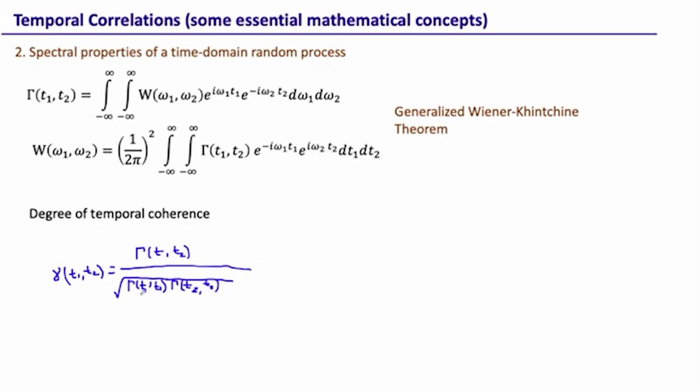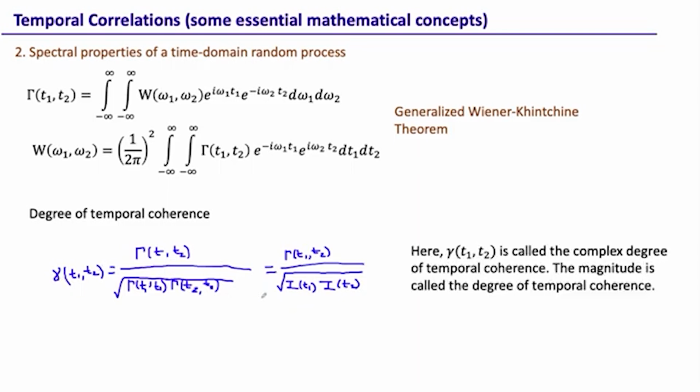In fact, Gamma(T1) is nothing but the intensity, so we can also write this as Gamma(T1, T2) divided by the square root of the intensity at T1 and the intensity at T2. So if you take the cross correlation function and divide it by the two intensities, I(T1) and I(T2), that gives us the degree of temporal coherence.